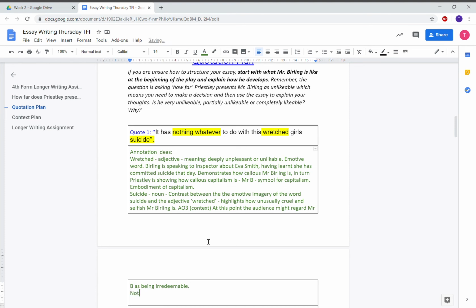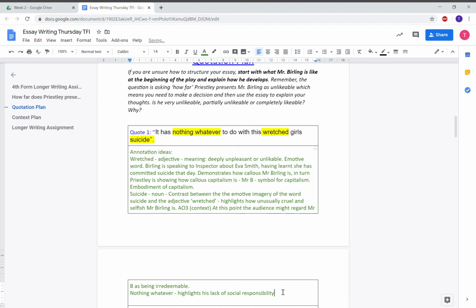I would also just add nothing whatever. The fact that he says he has nothing whatever to do with the wretched girl's suicide, I would just say again that this highlights his lack of social responsibility.